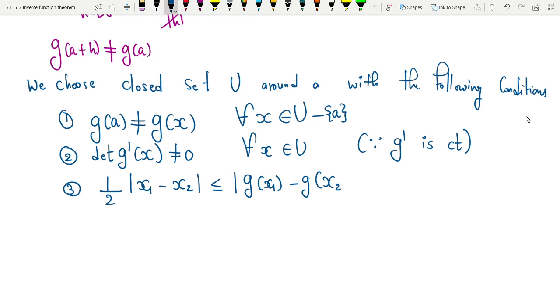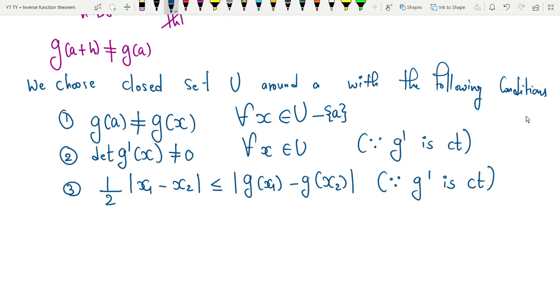Again, since my function is continuously differentiable and g' is continuous, we can have a domain around a which satisfies this condition. This condition has been proved earlier; you can use that proof to understand why we took this. But with these three assumptions, we have chosen our U.